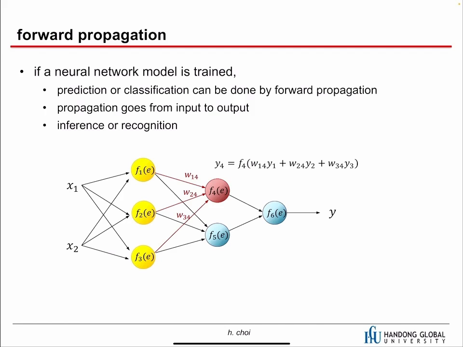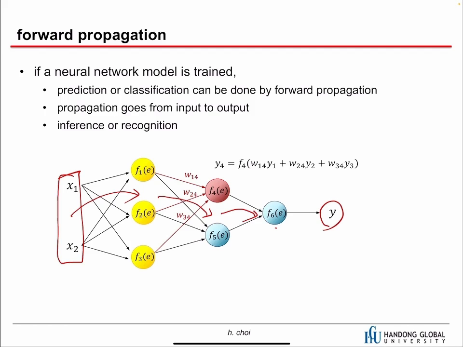Given this input x, it goes to the next layer. It's a simple operation: multiplying the matrix to this vector, adding some bias if there is one, and then applying the nonlinear function, and that's it. And we can go to the next layer and then the next layer. And if it is the last layer, then we can generate the output. That is the forward propagation.